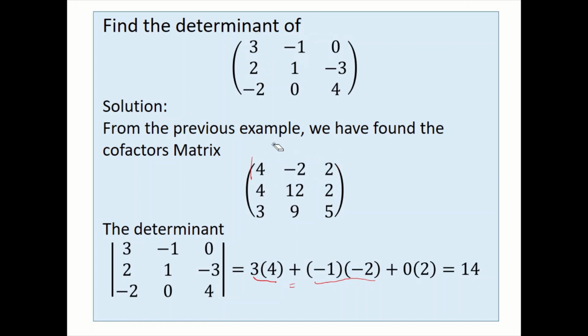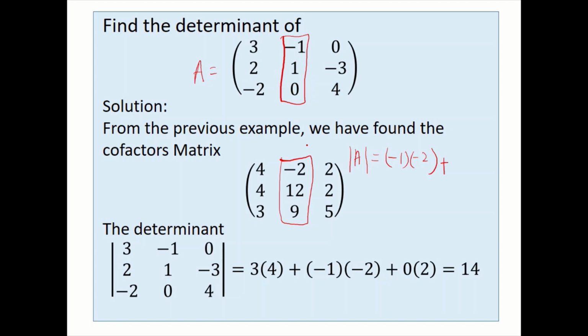Now, we can also use another column or row to calculate the determinant. Let's say I found that this column is easier. So we have the second column, then we choose the respective second column in the matrix of cofactor. If we let this one be matrix A, then the determinant of A will be negative 1 multiplied by negative 2, plus 1 times 12, plus 0 multiplied by 9.